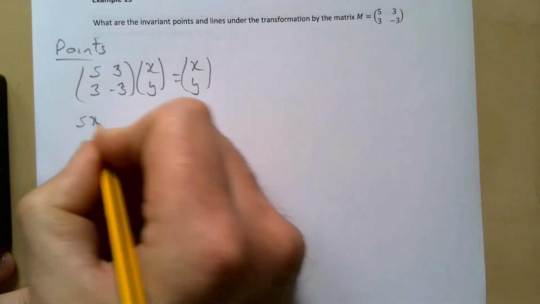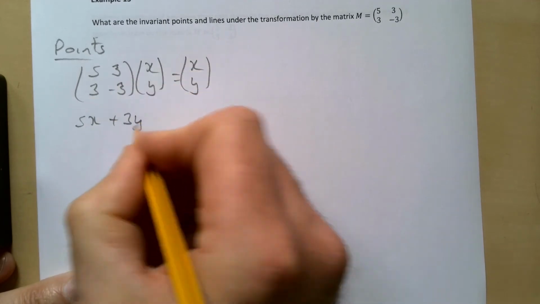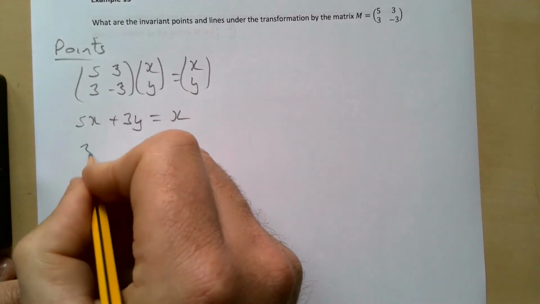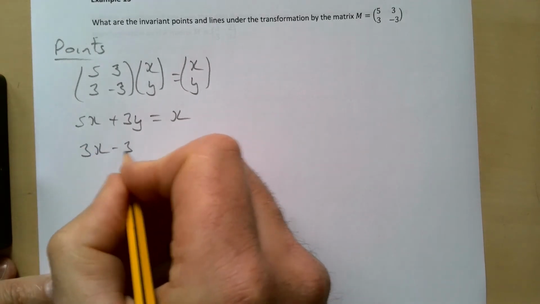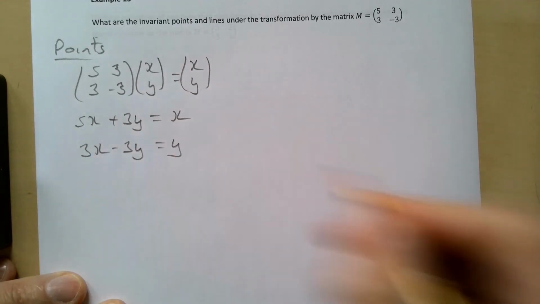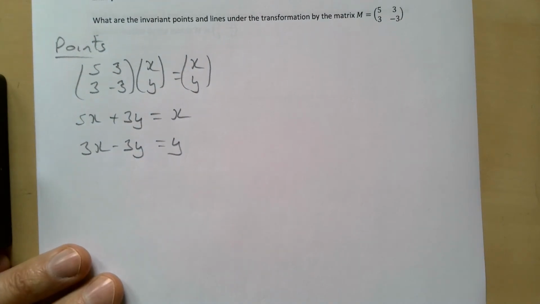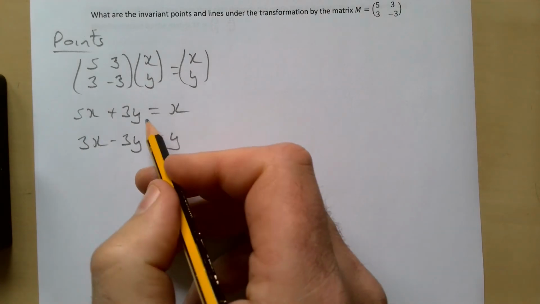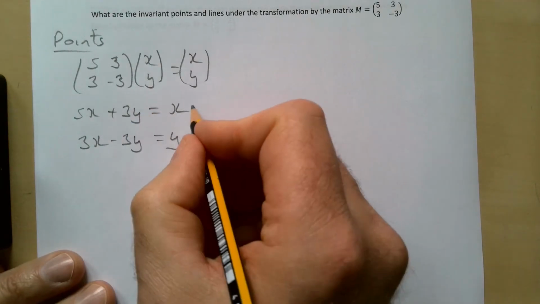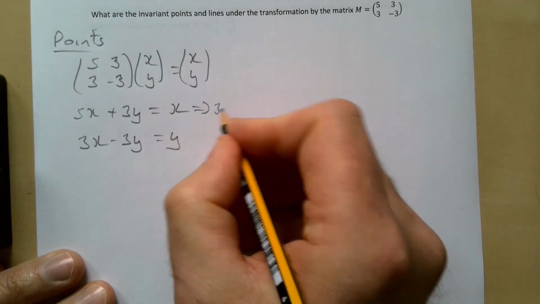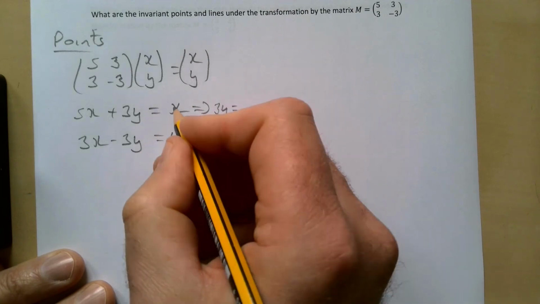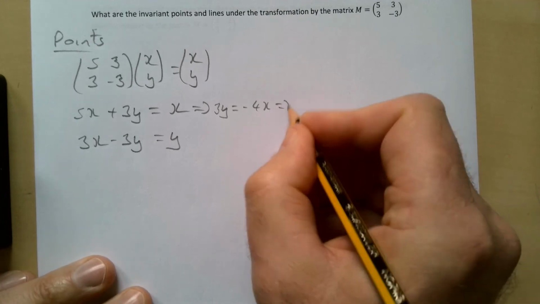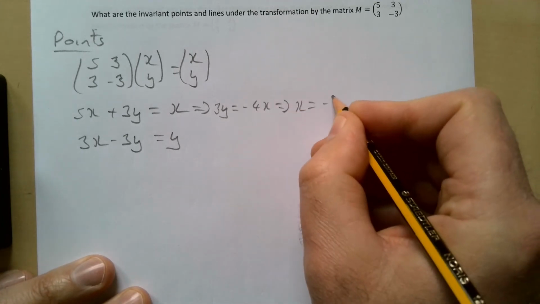So that means 5x plus 3y equals x, and it also means 3x minus 3y equals y. You could do this a couple of different ways. If we rearrange this, we get 3y equals minus 4x, and that means x is minus 3/4 y.